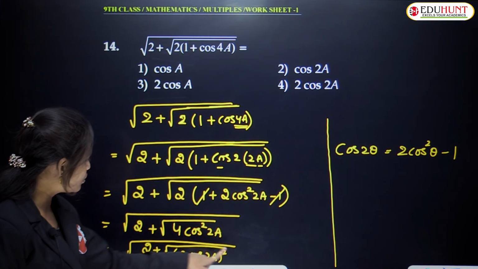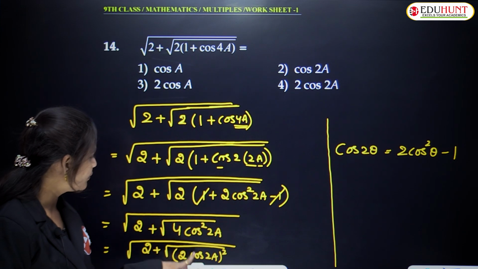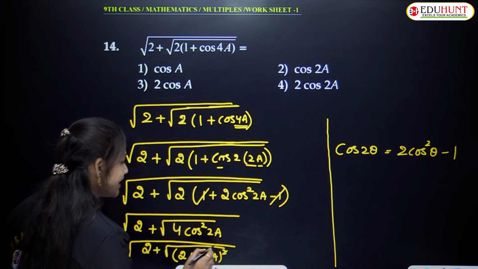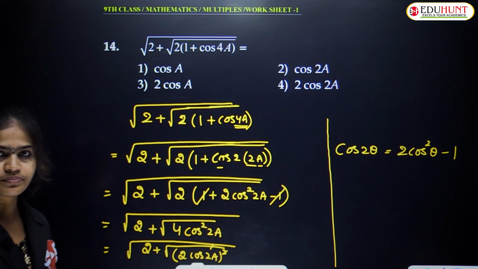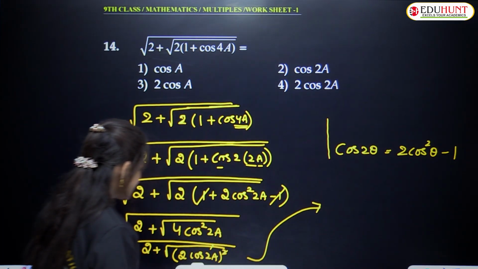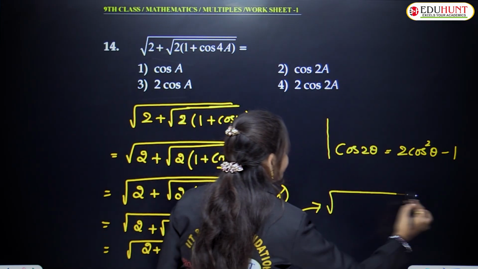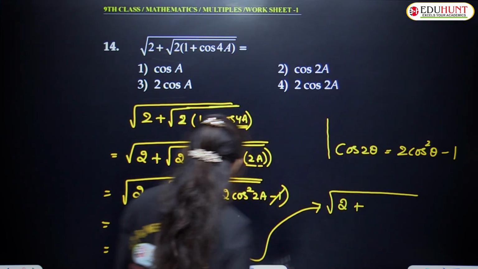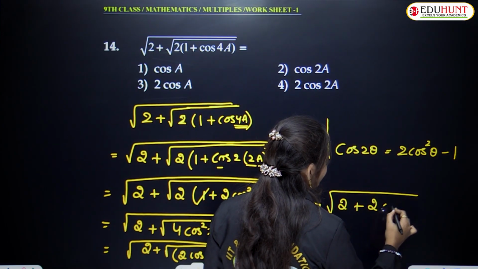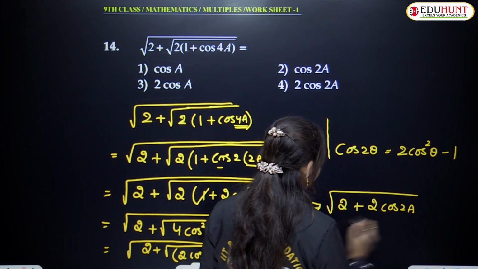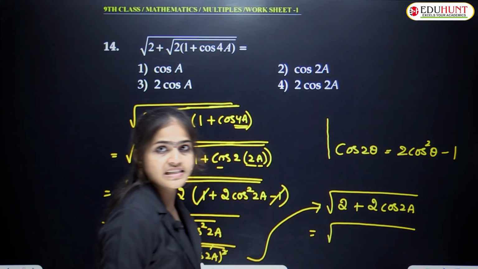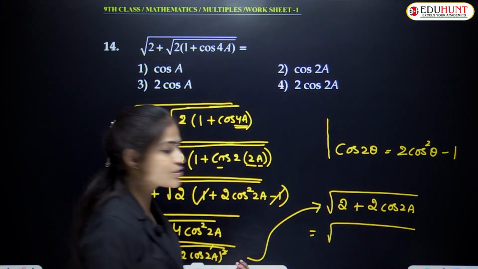Why? Because 2 whole square means 2 square is 4, and cos 2a whole square means cos square 2a. So here the square and the root get cancelled. From this, we have square root of 2 plus 2 cos 2a. Children, here 2 is common, no?